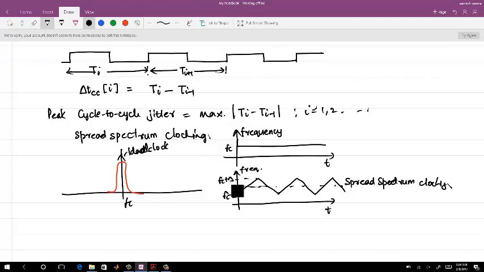So cycle to cycle jitter gives much more information about the stability of this spread spectrum clock, whereas period jitter is much more susceptible to the spread spectrum clock values. That is the place where you use cycle to cycle jitter.